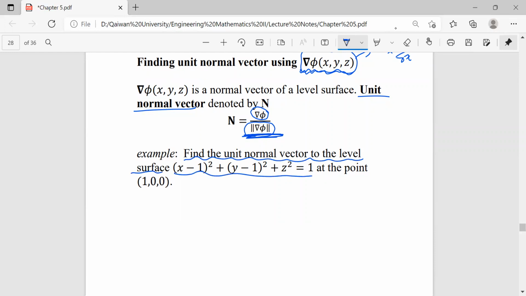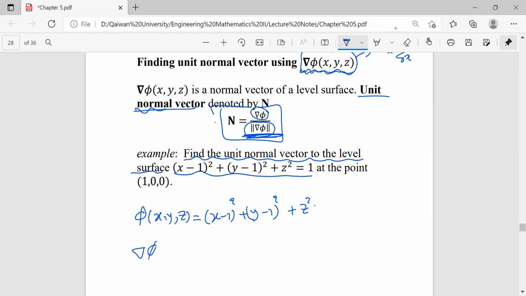This is the level surface: phi of x, y, z equals x minus 1 squared plus y minus 1 squared plus z squared. It's the same as the previous example. Now, to find the unit normal vector, we apply this rule. In this rule, we must have grad phi at this point.